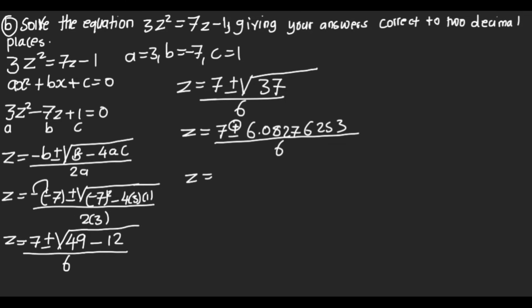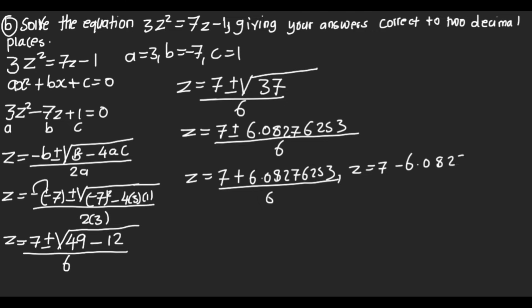One will have a plus, the other one a minus. So 7 plus 6.082763 over 6. The other one will have z is equal to 7 minus 6.08276253 divided by 6.